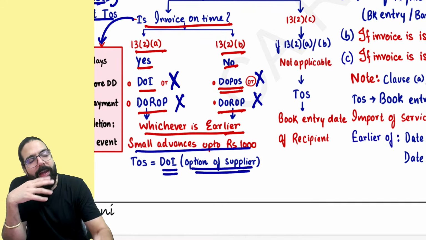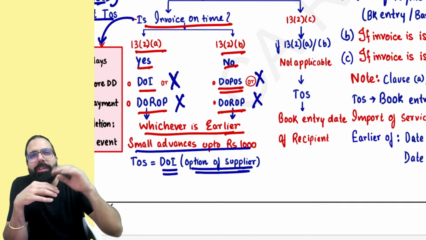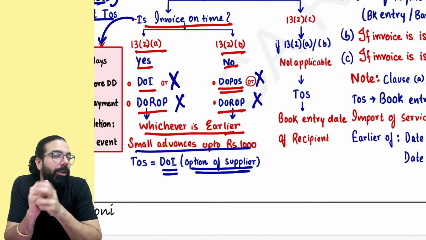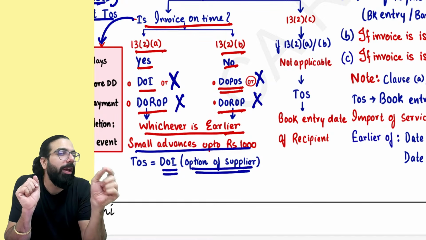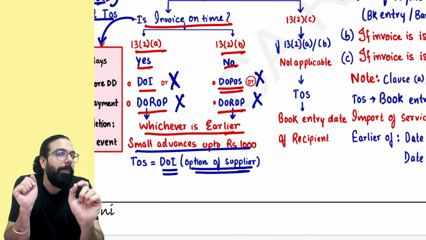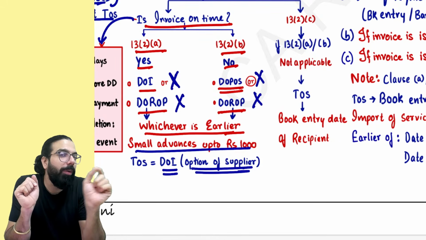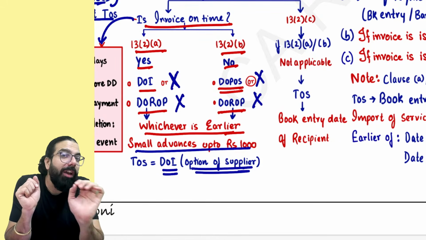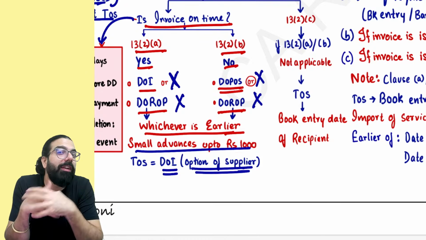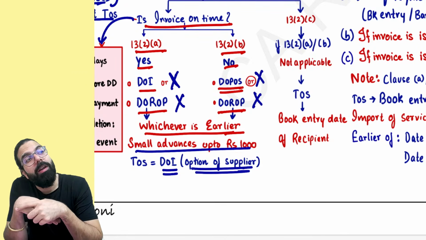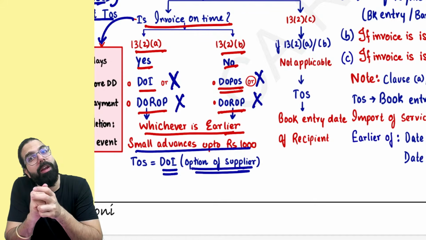But supposing the person who has received the services from me passed one entry: deep cleaning expenses account debit, to cash, being cash paid to Ramesh Soni for cleaning services. Now in my recipient's books of account, on 1st of January he has passed the entry.